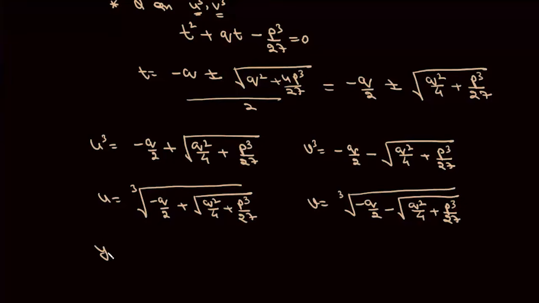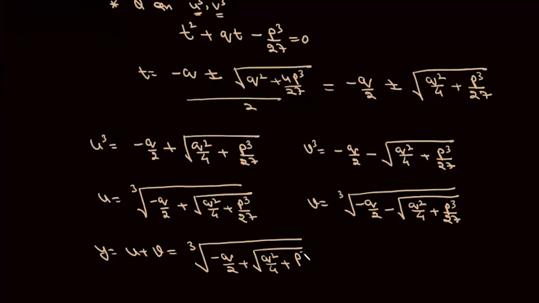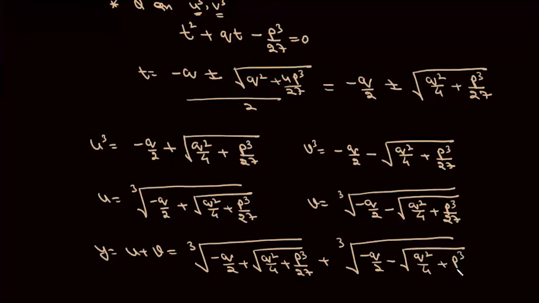Now y is u plus v, so it will be cube root of minus q by 2 plus under root of q square by 4 plus p cube by 27, plus cube root of minus q by 2 minus under root of q square by 4 plus p cube by 27.